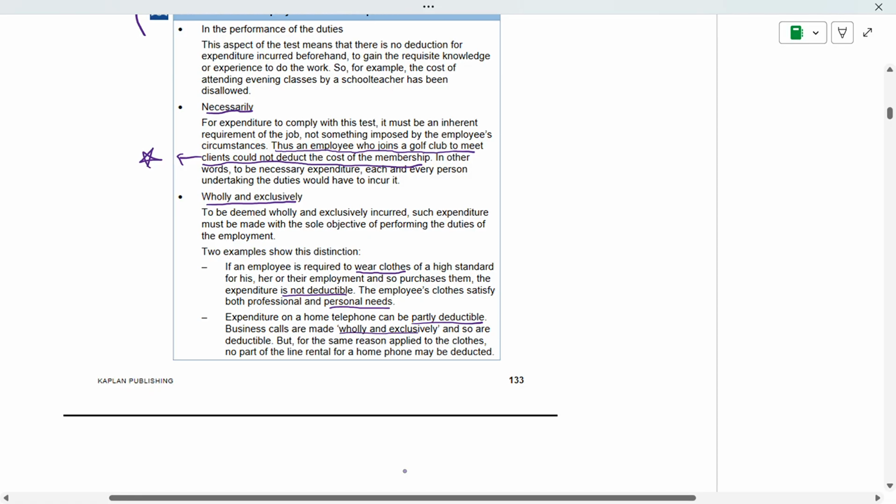But for the same reason as the clothes, no part of the line rental for the home phone can be deducted. People are very clear, they want to get the tax exemption as best as possible.